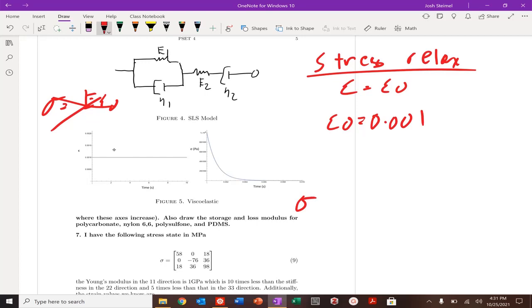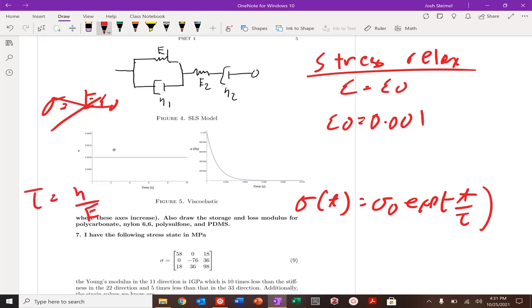So my function is the Maxwell model, so this is the stress relaxation of the Maxwell model, and that is equal to sigma naught times exponential of minus t over tau, where tau is equal to eta over E. And we also know that sigma naught is equal to E epsilon naught. For very, very short times, our Maxwell model basically looks like this. It's just going to be represented by E. So we can make this approximation.